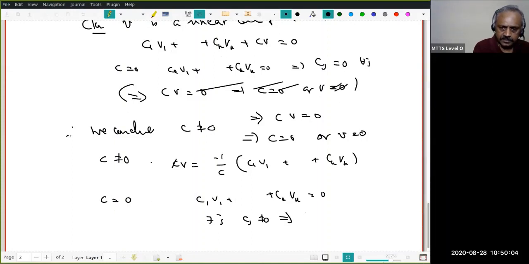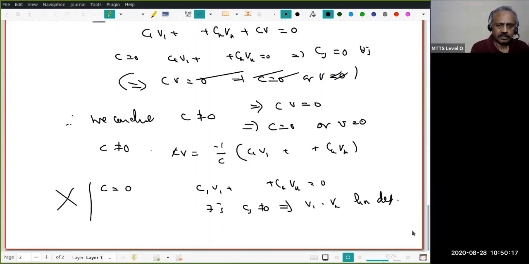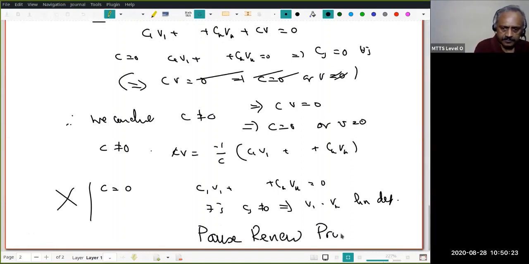This is a contradiction because v1 to vk is linearly independent. Do you follow that? This contradiction shows this case cannot arise. Therefore, c is not equal to 0, and that means v is a linear combination. Is that clear to all? Okay, pause, review, proceed.